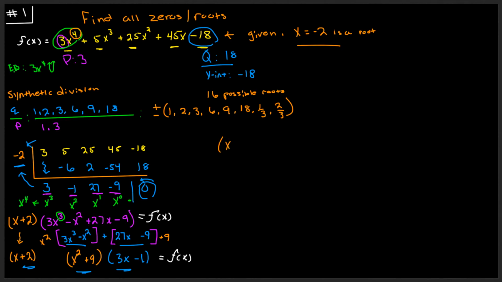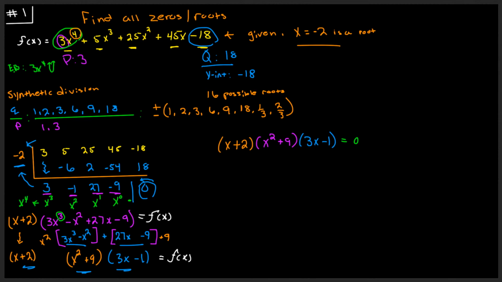So we'll do x plus 2, x squared plus 9, and finally 3x minus 1. This is our function factored out. Set it to 0 to find out what our root values are.